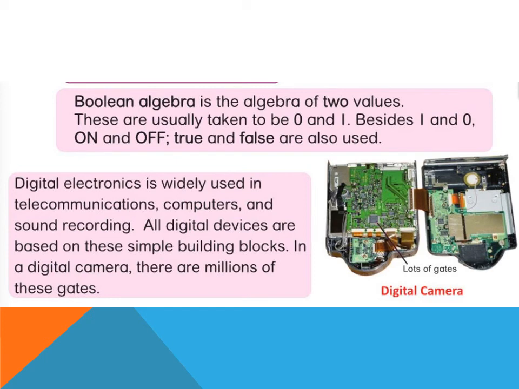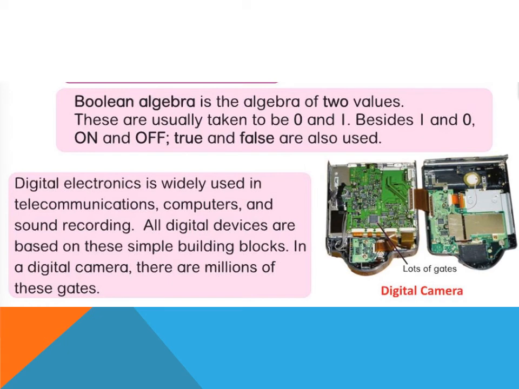Now here are some terms you need to remember. Boolean algebra. Boolean algebra is the algebra of two values. These are usually taken as 0 and 1. So Boolean algebra is the algebra of zeros and ones. Besides 1 and 0, on and off or true and false are also used.